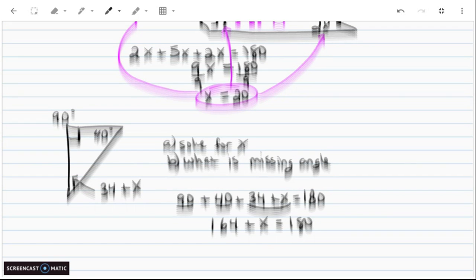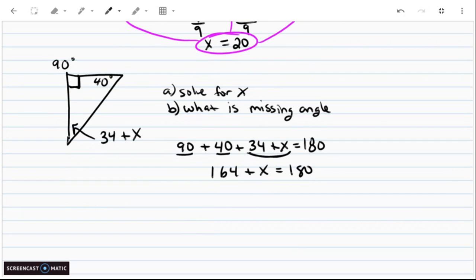And so I'm going to solve for x. I'm going to go minus 164, minus 164. And when I solve for x, that's gone. I get x equals, and you can use your calculator, do the subtraction.